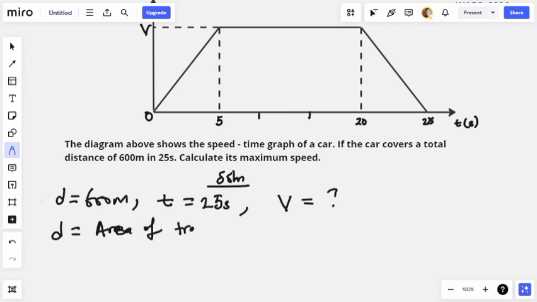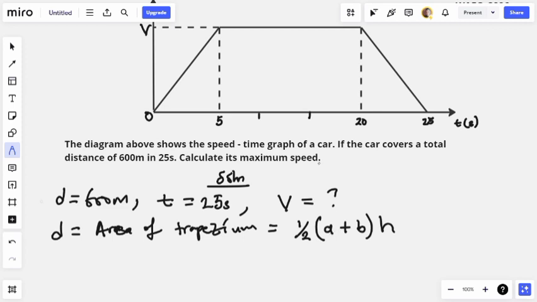A trapezium. And you know that area of a trapezium is given by a half into a plus b times what? Height.